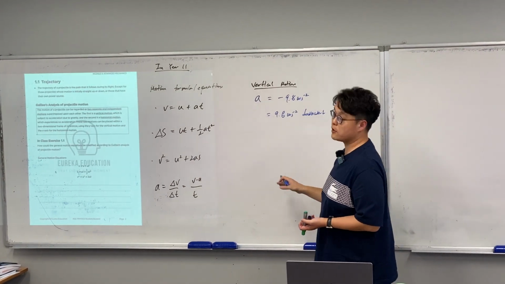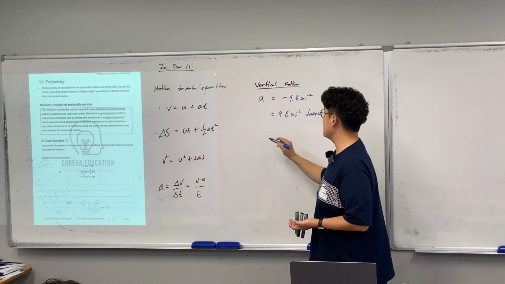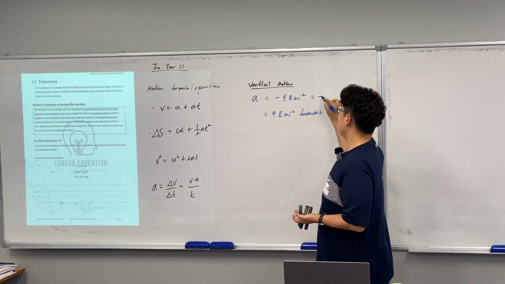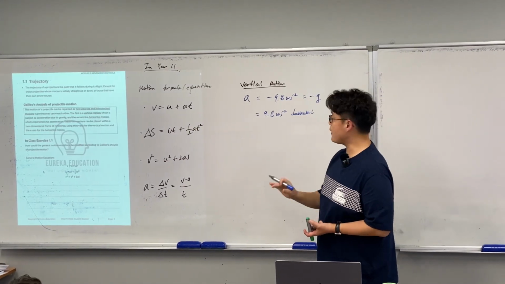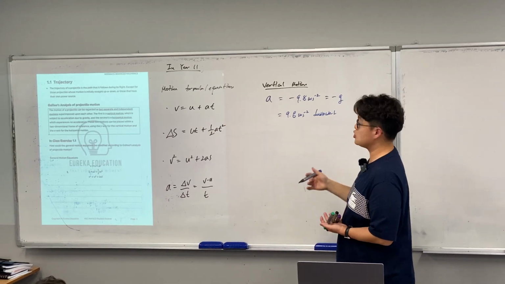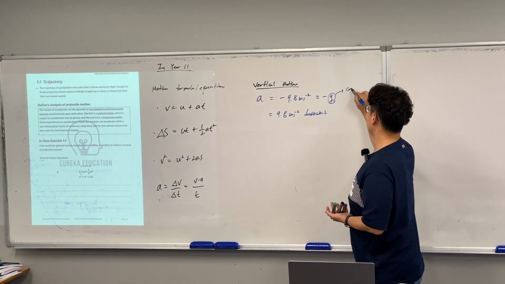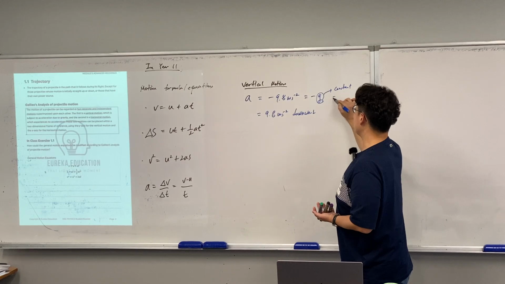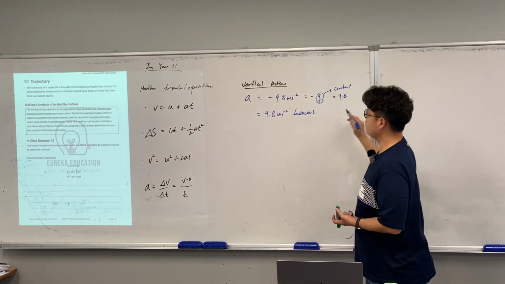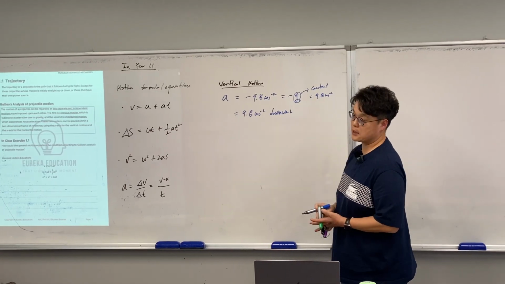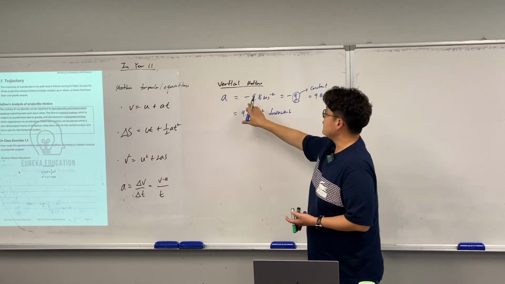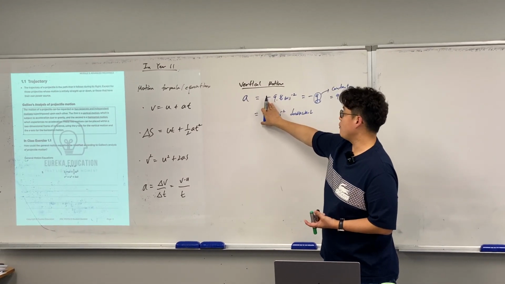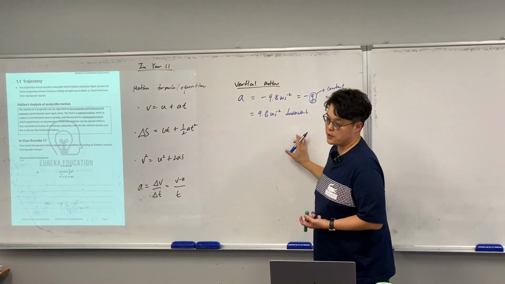That's called the gravitational acceleration. Sometimes it is also given as minus g. Remember that g is not the acceleration; g is the constant value, which is 9.8 meters per second squared. Then the negative tells you the direction, so going downwards in that case.